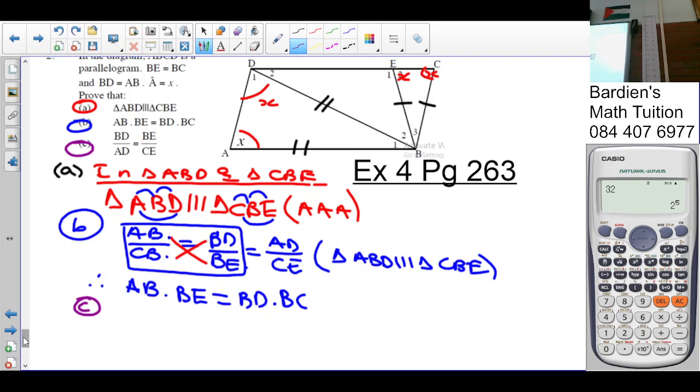So if we look at what we need: BD, which is this here, AD, which is that, BE, which is that there, and CE, which is this here. Not so? So there is exactly what we have. Then we conclude therefore BD over BE is equal to AD over CE.